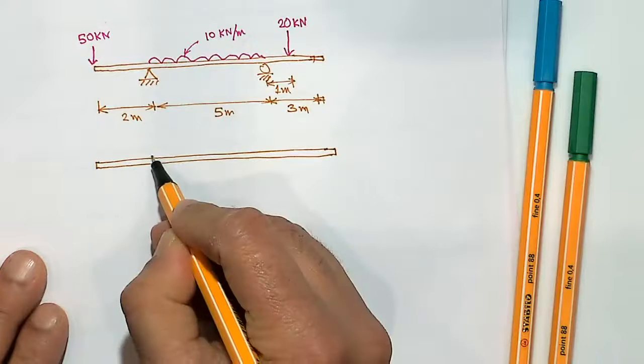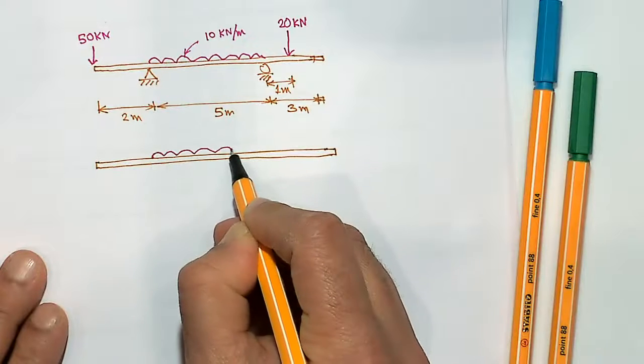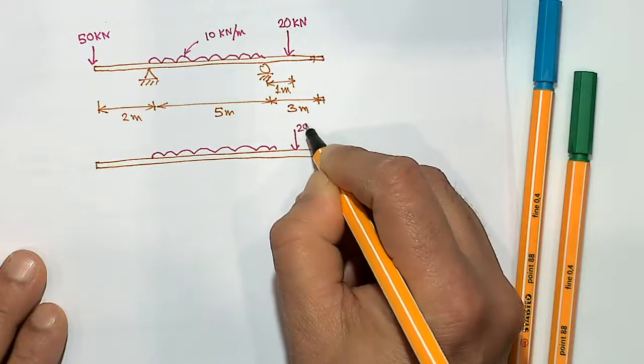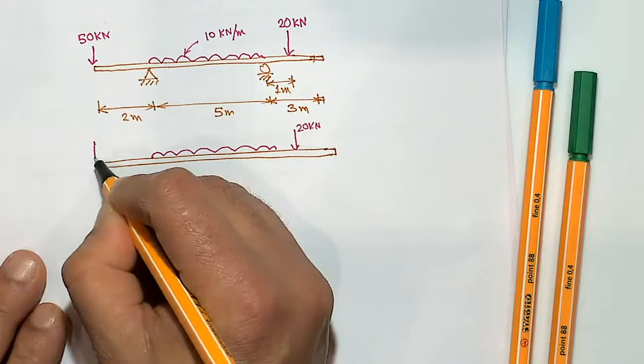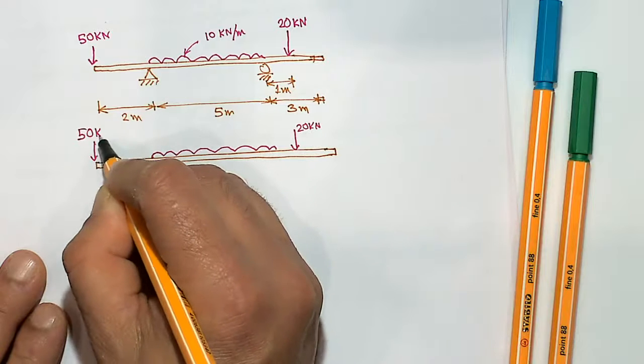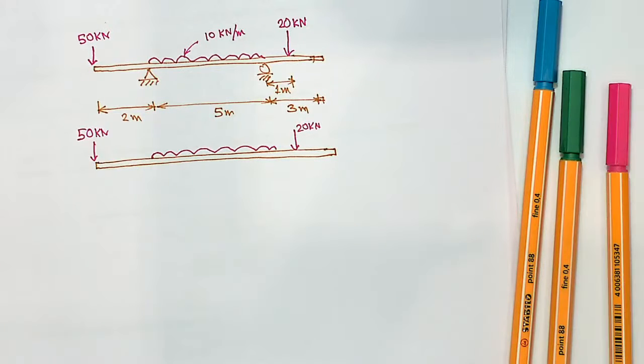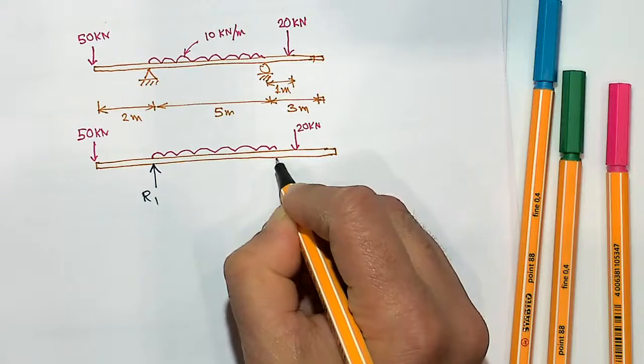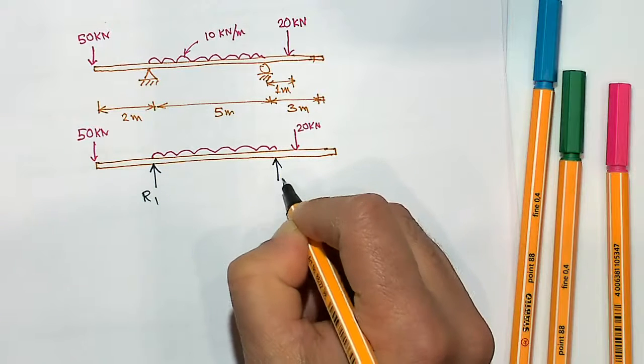So put the loads on them. And then I need the reaction forces. So let's put my reaction forces here as R1 and R2. These two would be the reaction forces.